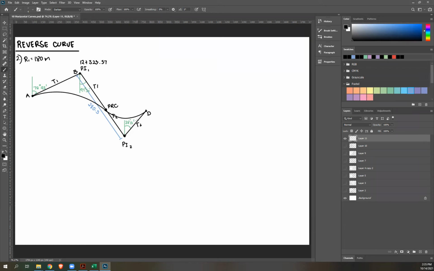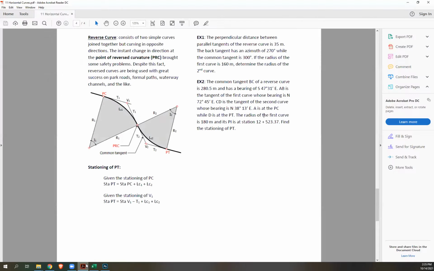Student question: How did you know that the point on the second curve is at the back of BC? You mean, how did I know that's where PRC is? Because BC is defined as the common tangent.